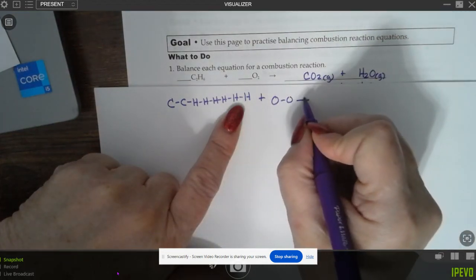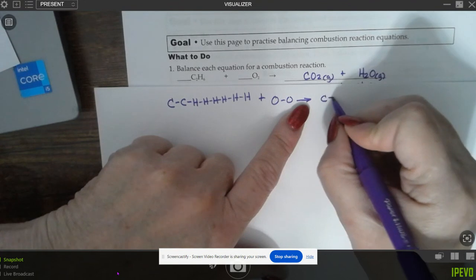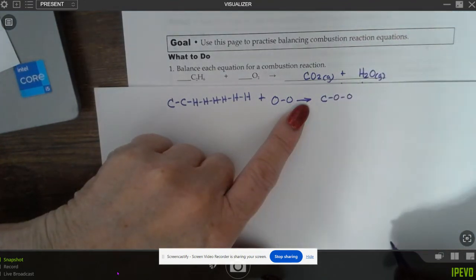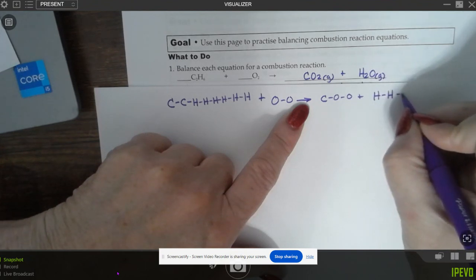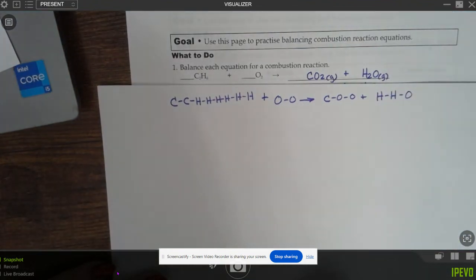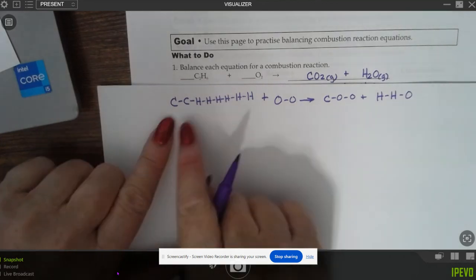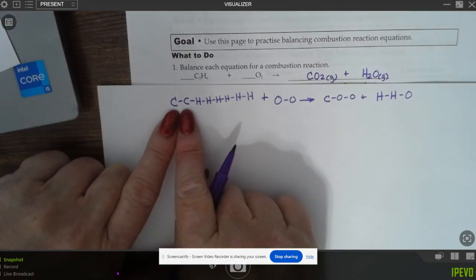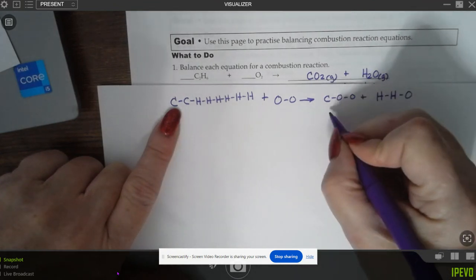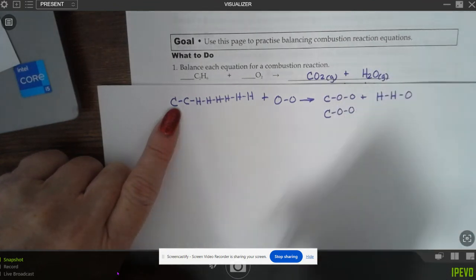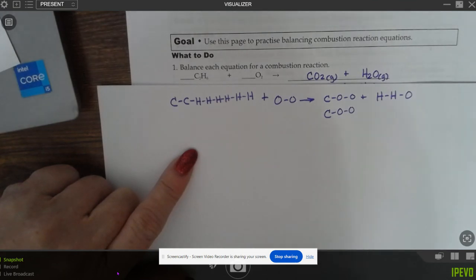And my product is going to be CO2, so COO, plus H2O, so HHO. Okay, so let's start with carbon. I have 2 carbon here. Over here, I only have 1, so I'm going to write COO. Okay, so now I've got 2 carbon on each side.